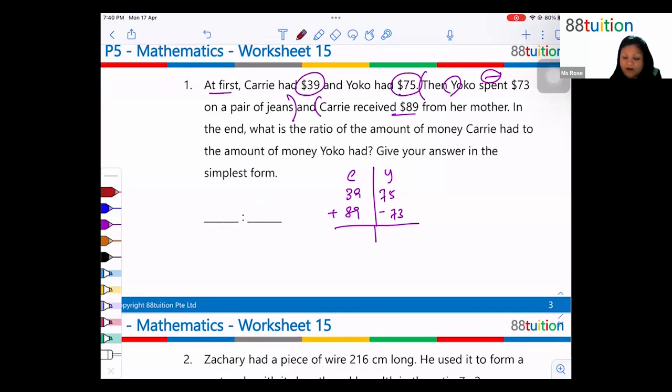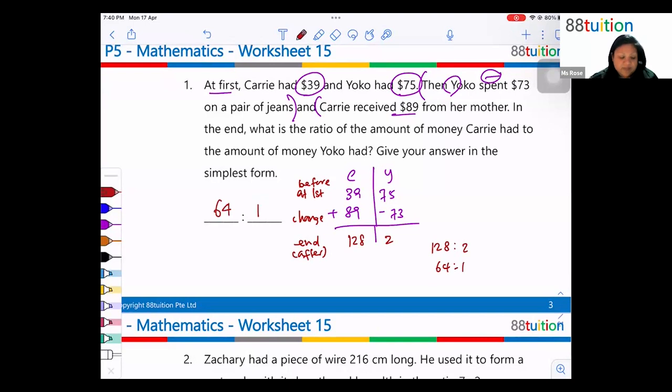So we have our at first, or your before, and this is the change that's taking place. So in the end, or after, what do you have? You have $128 and $2. Can I change this into a ratio? All I need to do is simplify 128 is to 2 to give me 64 is to 1.